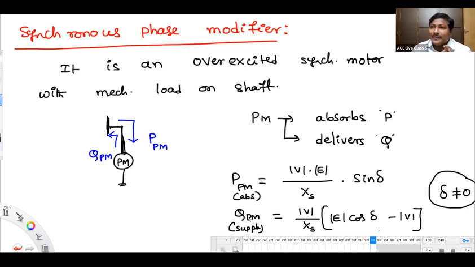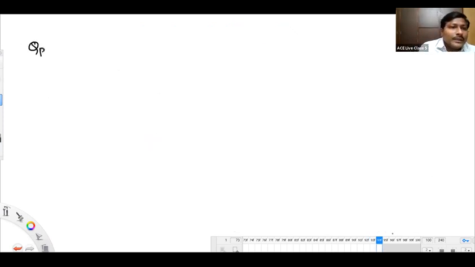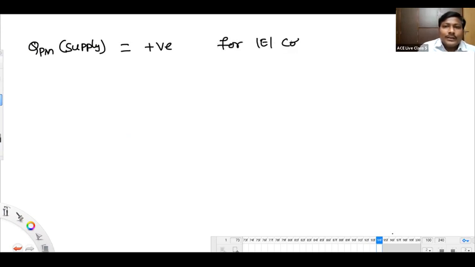When this QPM supply will become positive? Whenever E cos delta is greater than V, then it is positive. So QPM supply will be positive for the condition of E into cos delta greater than terminal voltage.